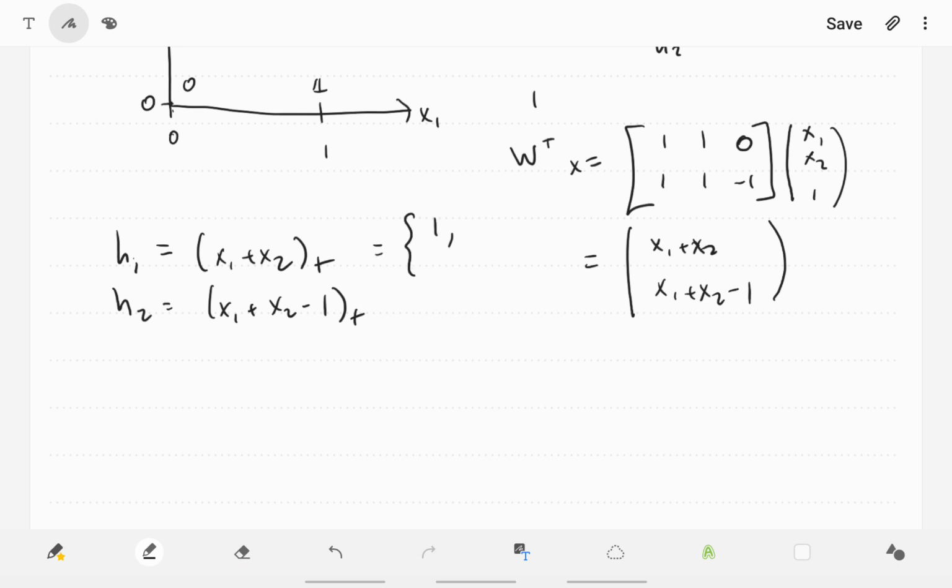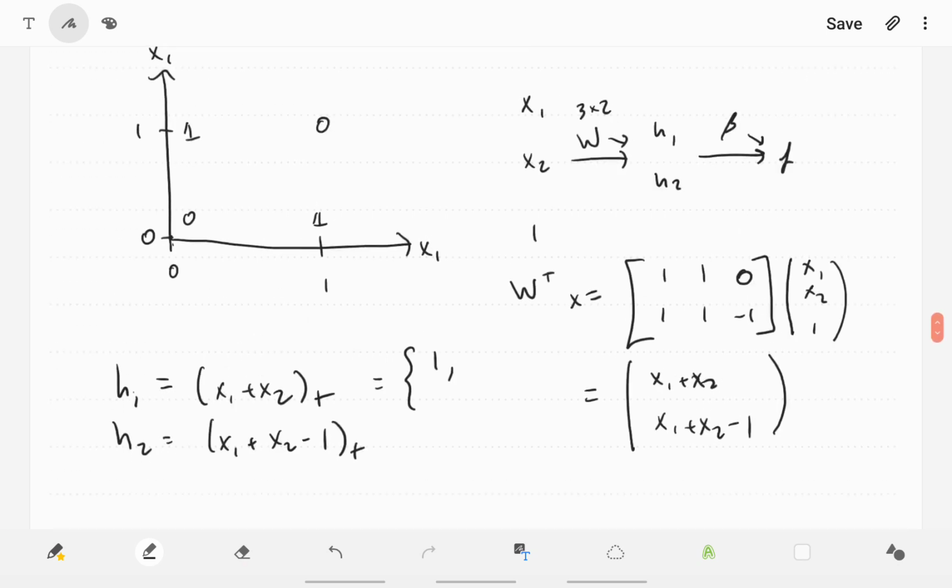Let's look up here at the data. It's 1 if x1 or x2 is equal to 1, and it's 0 if neither are 1, that is, if x1 is equal to x2 is equal to 0. So we can think of it as an OR gate, right?